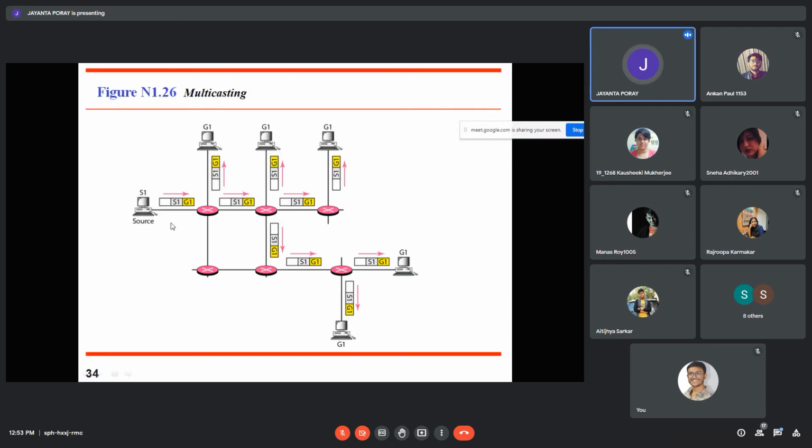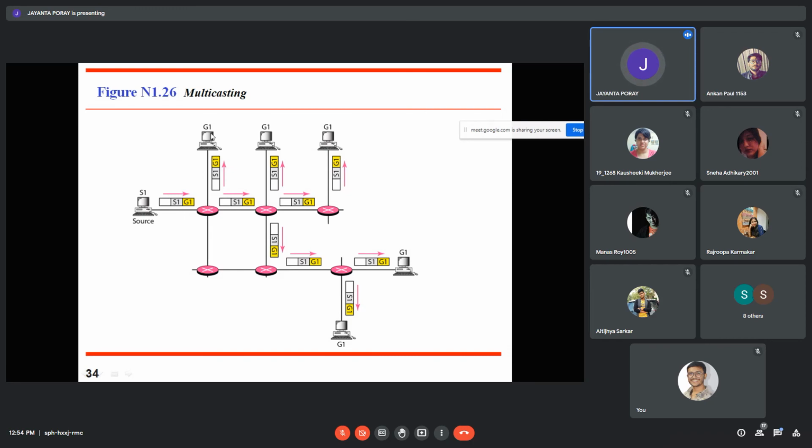Now, when I consider multicasting, they are using multiple interfaces. Like I have the group members G1, which are split at different points. When source S1 generates a packet, it sends it to the next router associated with that source. From that router, it is split into two different interfaces.